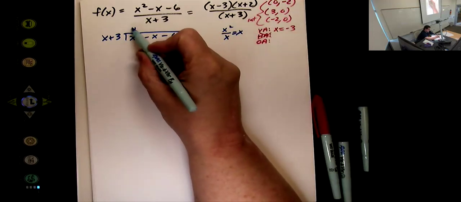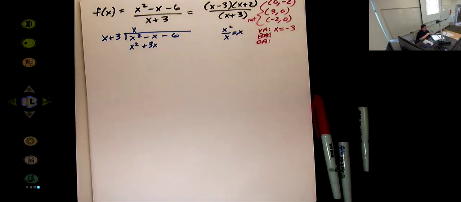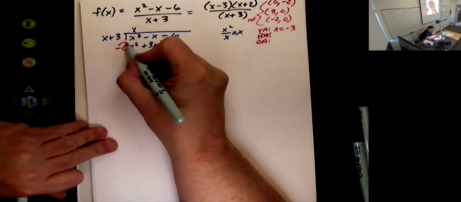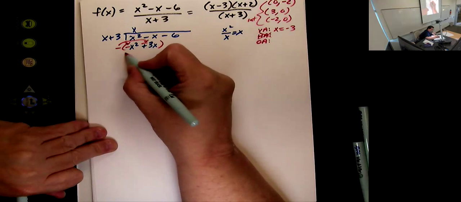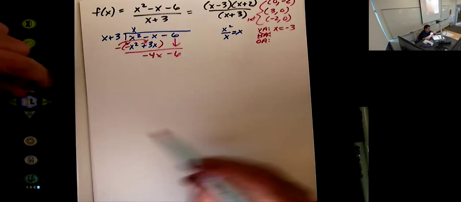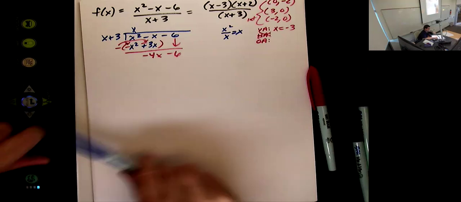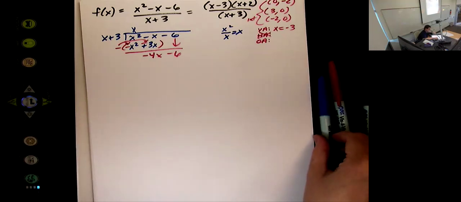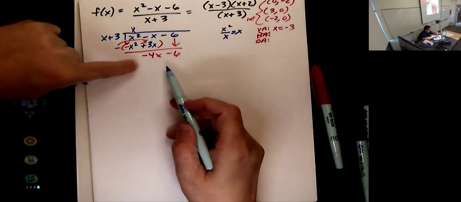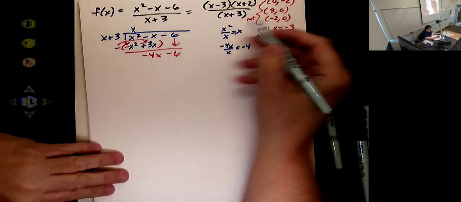Then we take x, multiply by x plus 3, we get x squared plus 3x. Then subtract. I get minus 4x, bring down the minus 6. And we do the outside big term into the inside big term: -4.